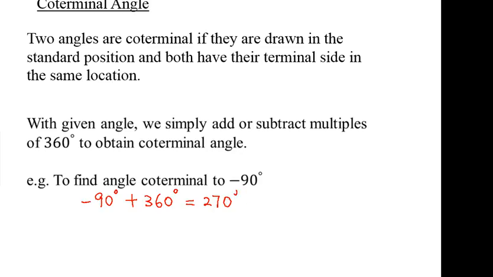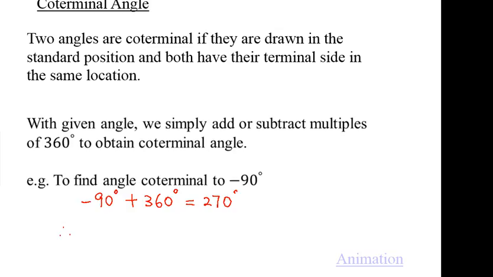So what's that mean? That really means the negative 90 degree and 270 degree are coterminal.